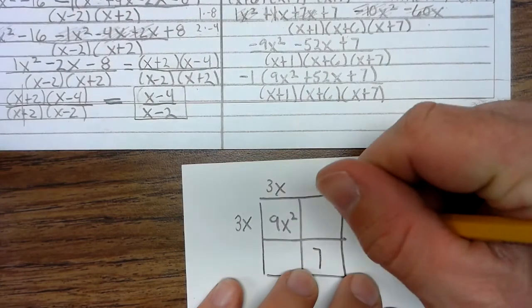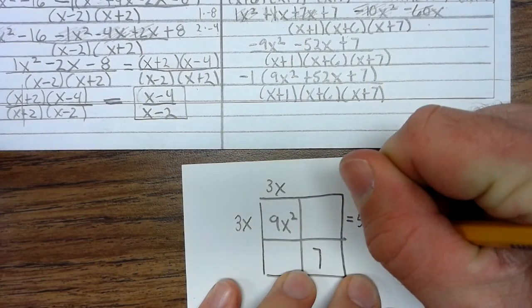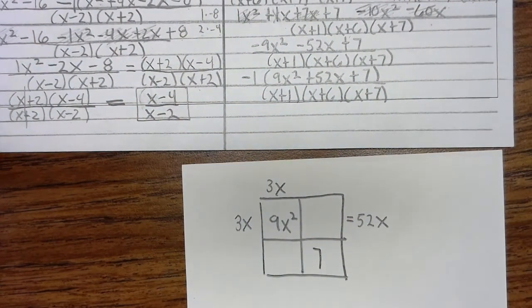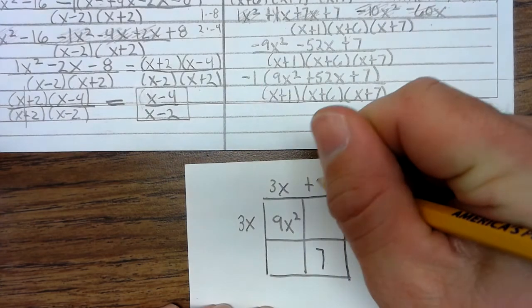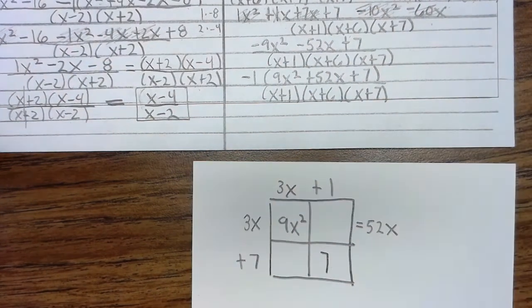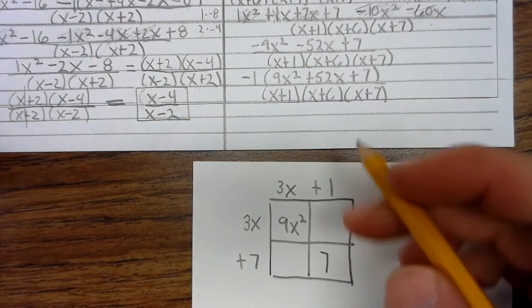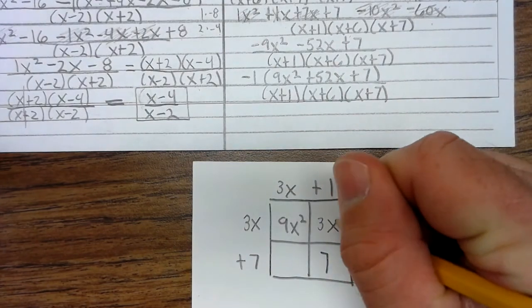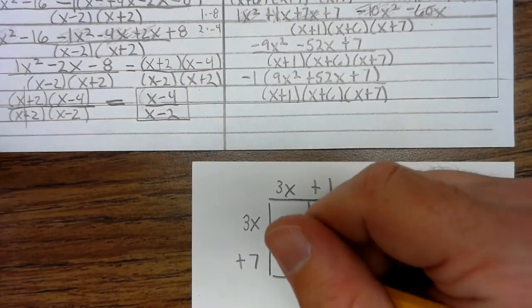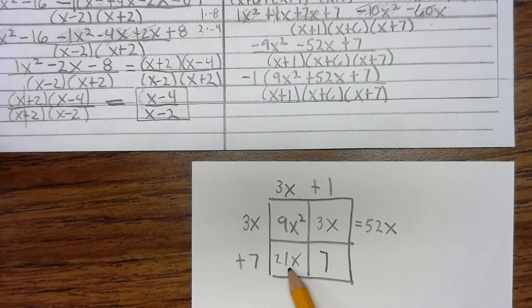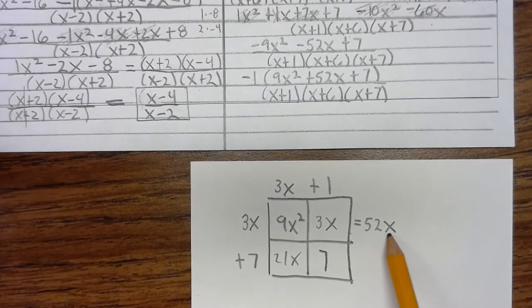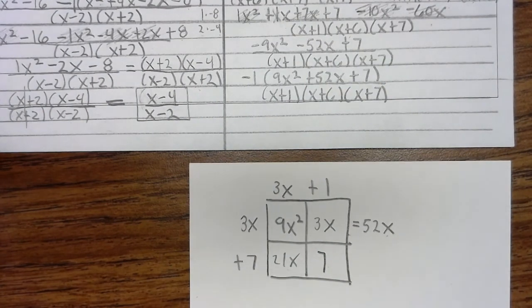Okay, we're trying to get 52x. And the only combinations to give you 7 are +1 and +7. So then that's 3x, and then that's 7, 14, 21x. That's not going to give you 52x, okay? So that combination didn't work.